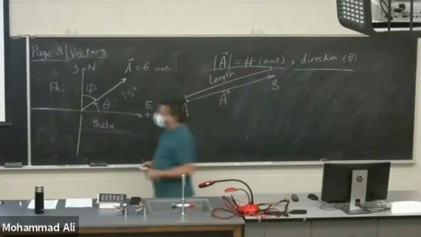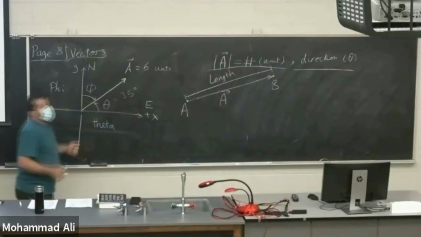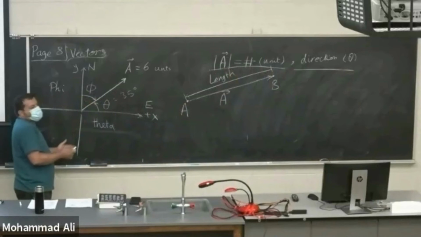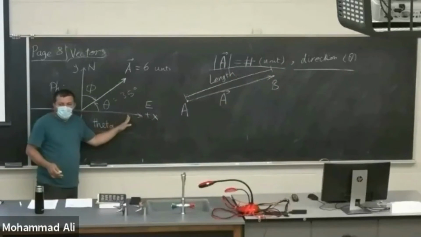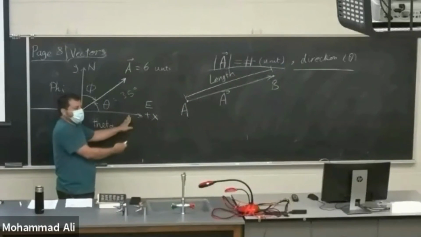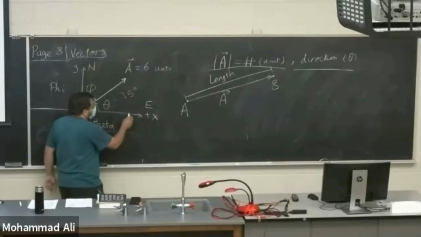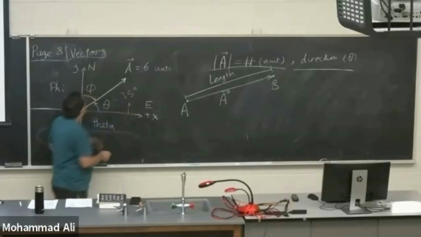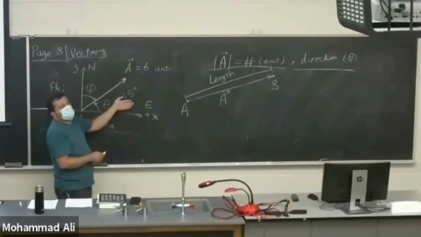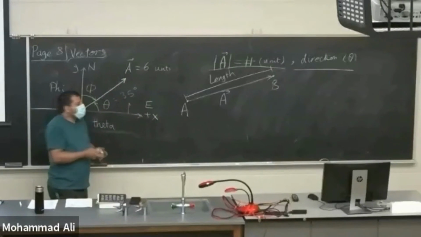If you told me I can walk, for example, 5 steps to the right, or to the positive X direction, then I walk to the north, or to the positive Y direction, 3 steps. So it is simple.